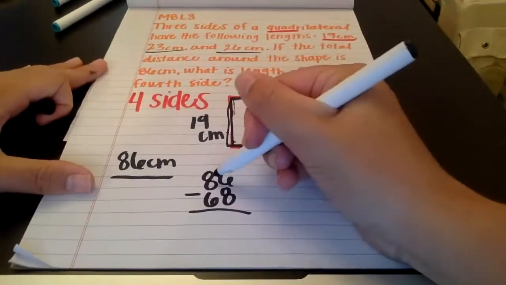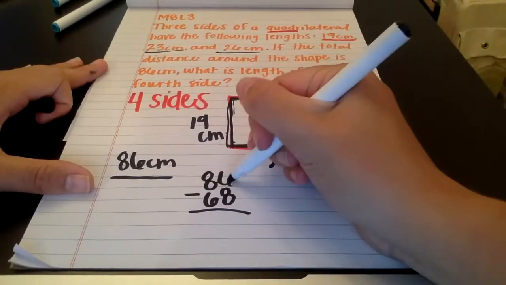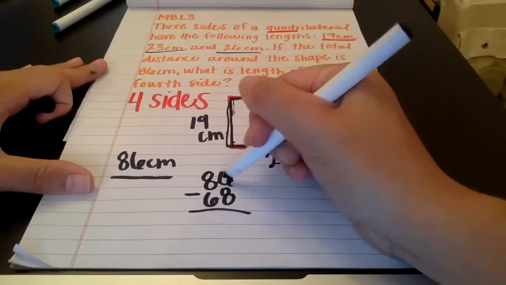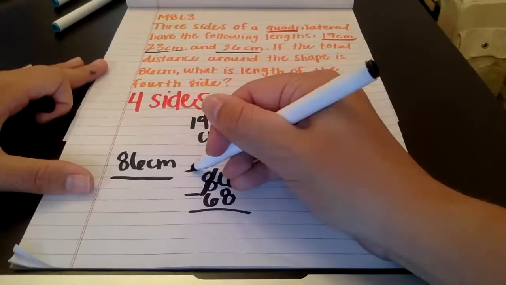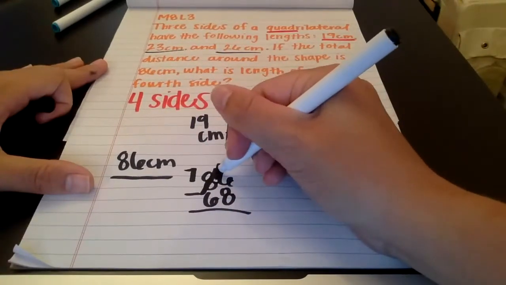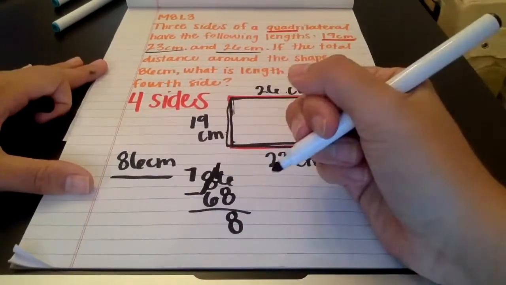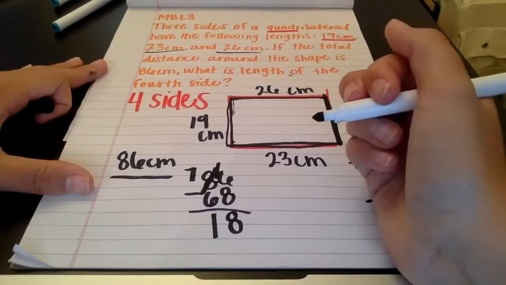Okay, and now we have 8 minus 6, because I can't do 6 minus 8, right? So we have to borrow a 10 from our tens place, turn that into a 7. We'll move our 10 over, so now we have 16 minus 8 is 8. And then we have 7 minus 6 is 1.